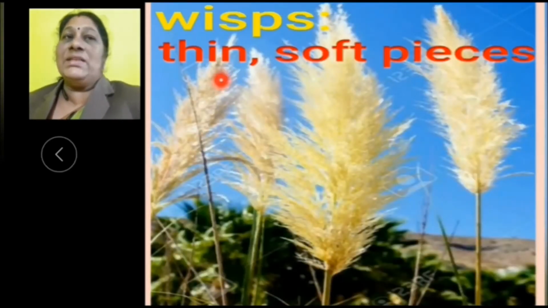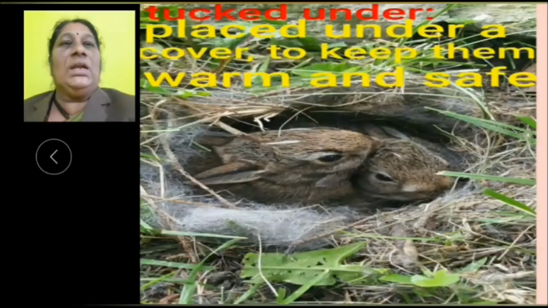Wisp, thin soft pieces. What is the meaning of wisp? Thin soft pieces of grass tucked under, placed under a cover to keep them warm and safe. What is the meaning of tucked under?